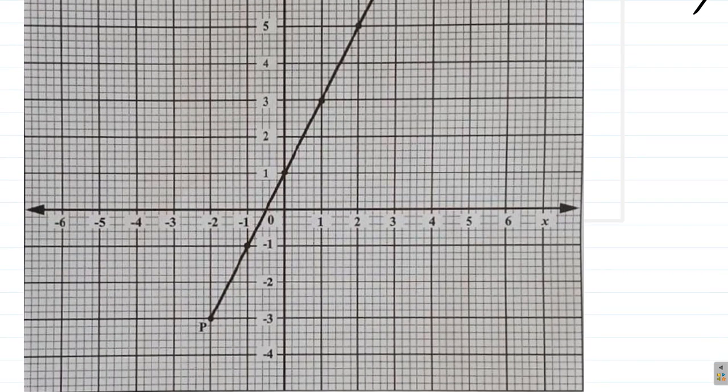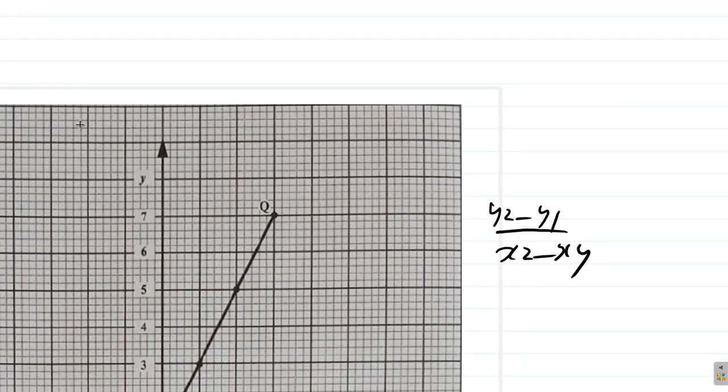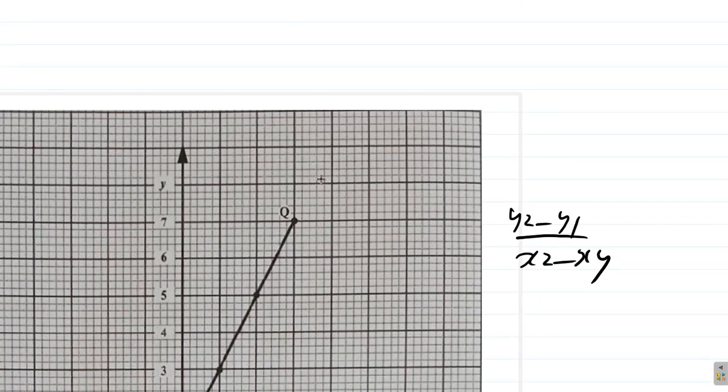If you take this point as point 1, you would say this is -2, -3. So this would be x1 and this would be y1. And this point is located at 3, 7. So 3, 7. This would be x2, y2.